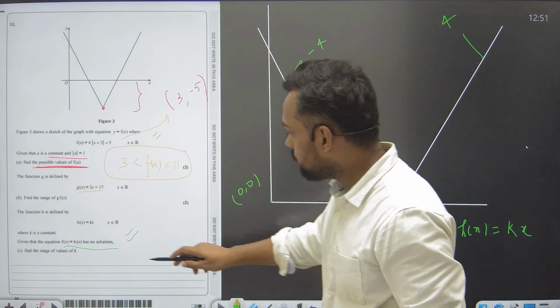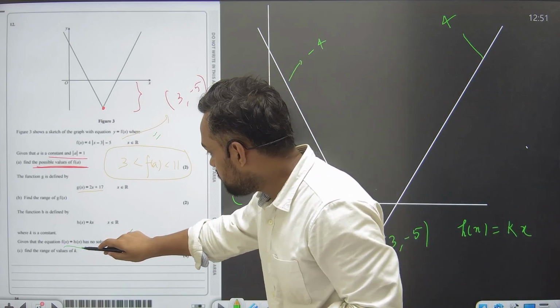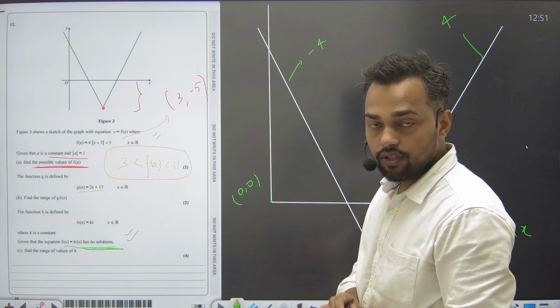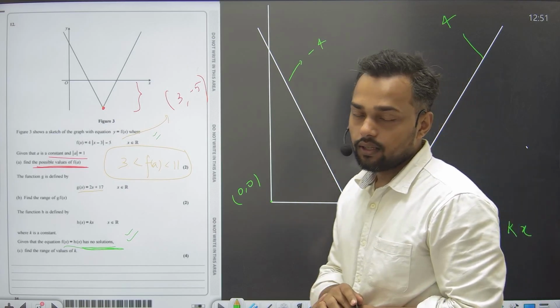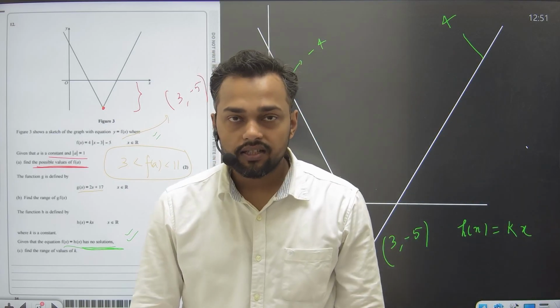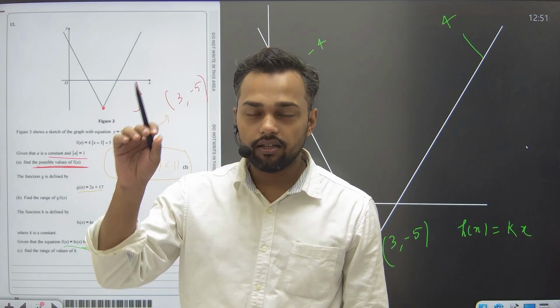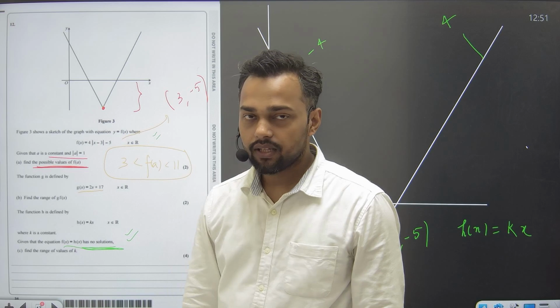In the question they have told that f(x) = h(x) has no solutions. So for no solution, students, what should be the criteria? The particular line should never intersect the graph of f(x).